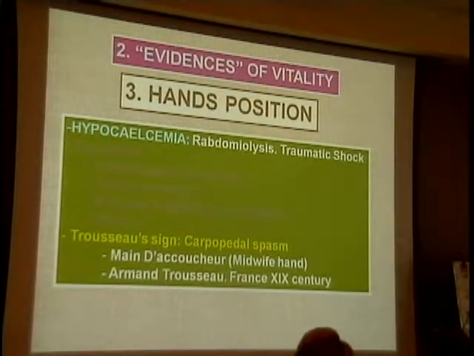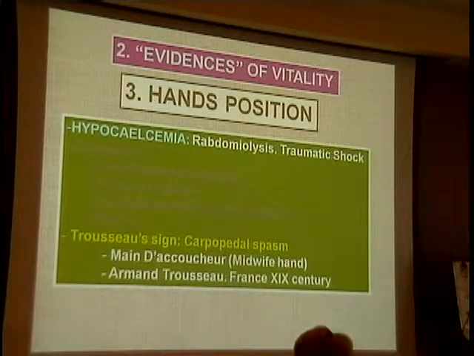And as a part of this hypocalcemia stiffness, we found another very interesting element. It is defined as Trousseau's sign. It was defined by Armand Trousseau, a French physician who lived in the 19th century, and it is a carpopedal spasm.